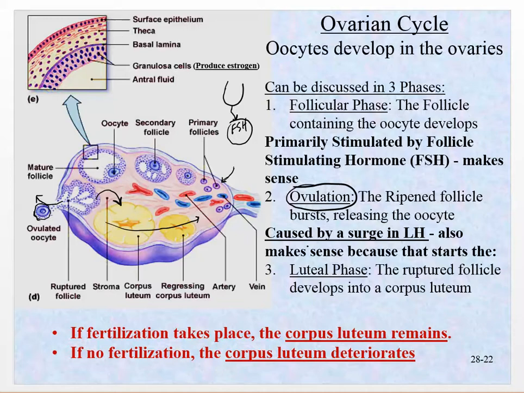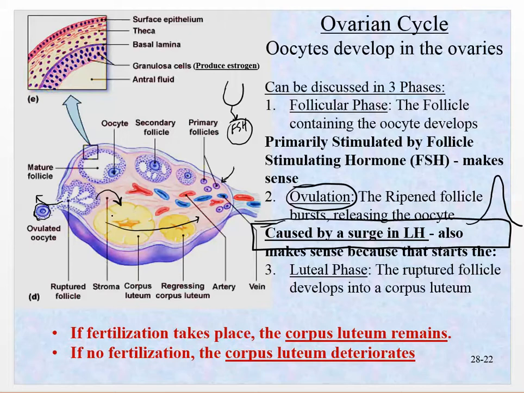Now I have a note here. Ovulation, and we're going to say something about this again, is caused by a surge in luteinizing hormone. If you remember talking about luteinizing hormone in males, luteinizing hormone stimulates Leydig cells. Well, in females, a surge of luteinizing hormone is what causes ovulation, and that kind of makes sense because once the oocyte leaves, you develop a corpus luteum.